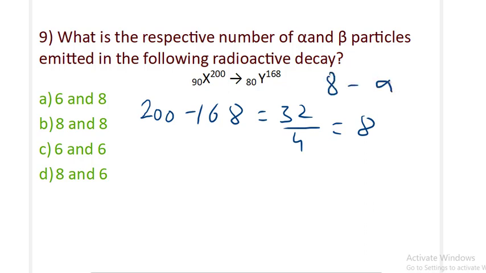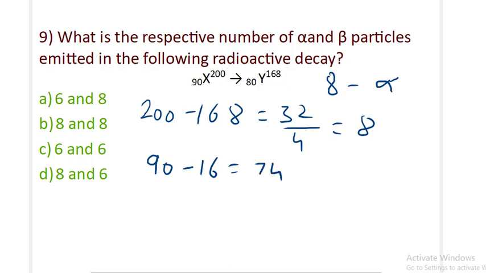Now regarding the second part, when 8 alpha particles are emitted, the change in the atomic number, 8 2s are 16. So 90 minus 16 is the actual change. If we subtract this, what we get is 74.